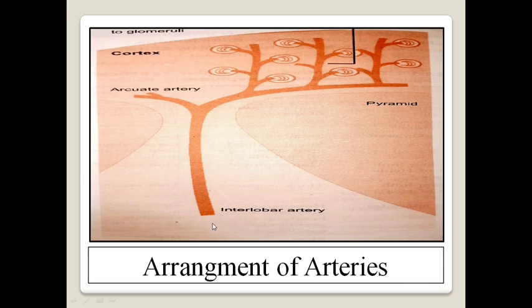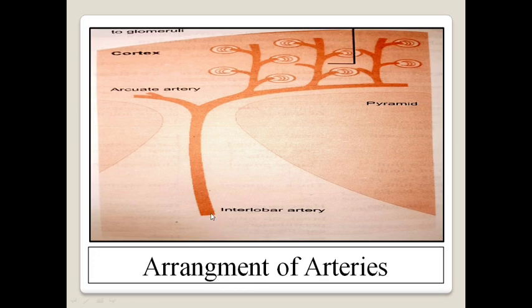See here, this arterial arrangement is again progressing in the form of division into branches. Likewise, in the respiratory system, the trachea and bronchi were subsequently dividing to reach the alveoli at the last.